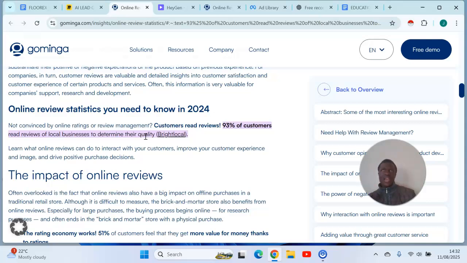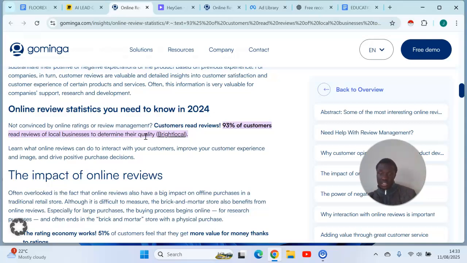I usually love this saying: people buy from people they trust. So reviews are basically a trust component. Reviews are like an asset to you, because once you have good reviews in numbers, I can assure you there's no need to panic about chasing leads and all that. Once you have good reviews, people are going to trust that you can deliver whatever you are saying, even in the ads. It's not just them seeing the ads, then booking a call and going through the process immediately.